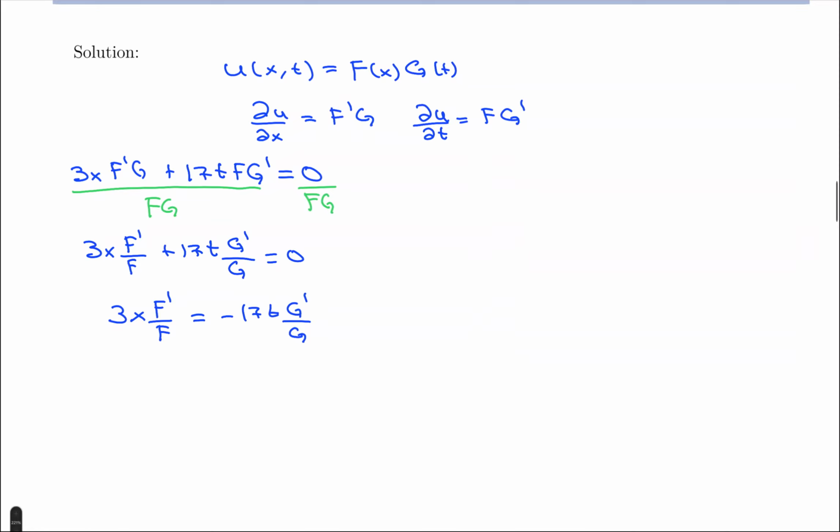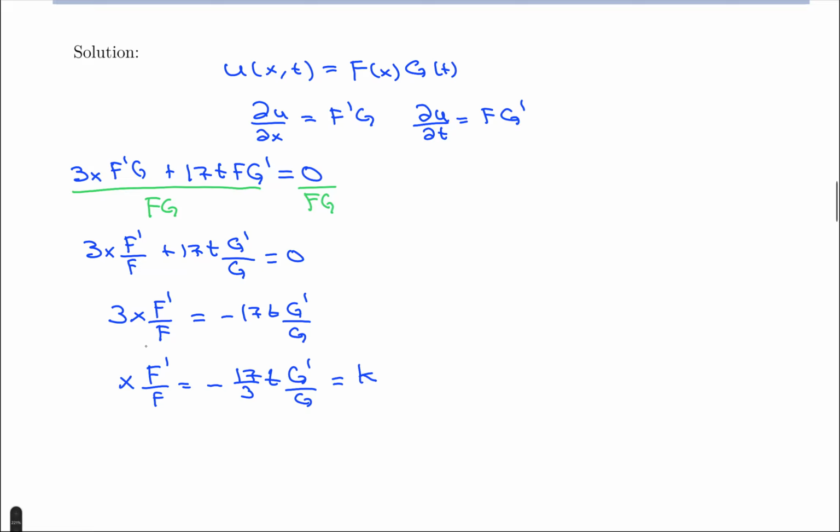I'm going to leave the x f prime over f by itself by dividing both sides by 3. That leaves us with x times f prime over f equals negative 17 over 3 t g prime over g. At this point, we have the variables separated. Now we need to set this equal to a constant of separation.